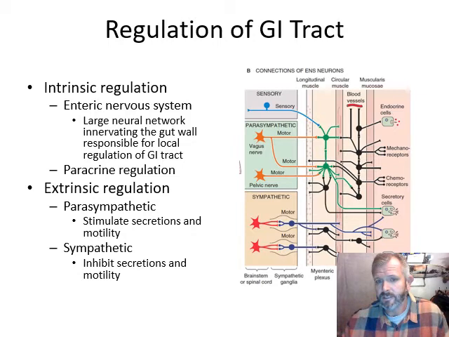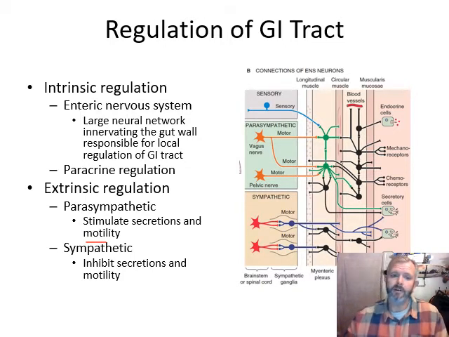You can see the connections here with the parasympathetic running through and the sympathetic. So the parasympathetic, the sympathetic can have some control over or some influence over secretions and also the motility.